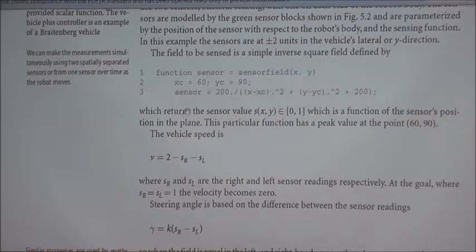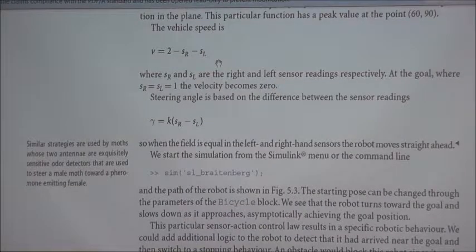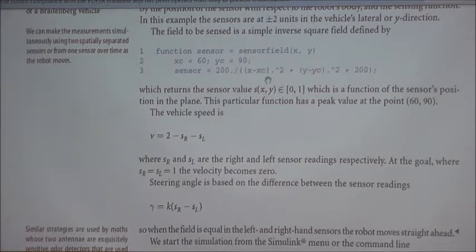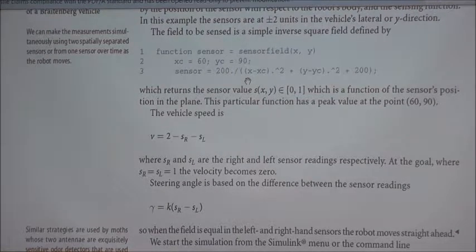So, for example, if you have the goal to be x at coordinate 60 units, let's say 60 meters or 60 centimeters, and y goal is at 90, then this equation is a measure of the velocity coming out of the sensor, or the orientation, gamma, rather theta.